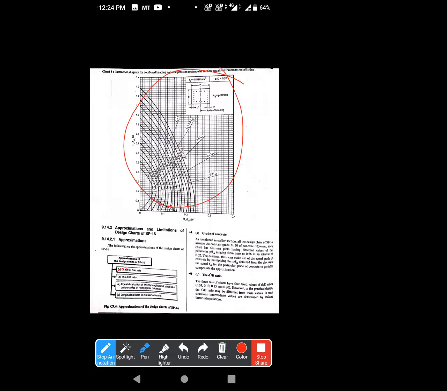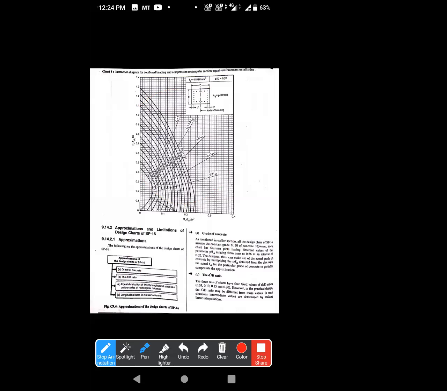The designer thus can make use of the actual grade of concrete by multiplying the p upon fck obtained from the plot with the actual fck. Whatever value you get for p upon fck from the chart, you have to multiply it by the grade of concrete provided with you. Then you can directly switch to your grade of concrete values.